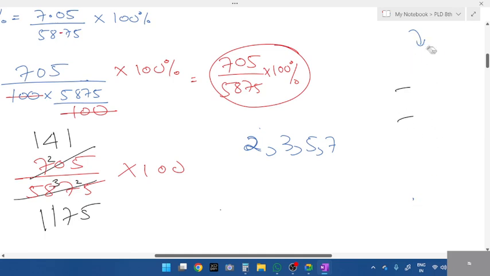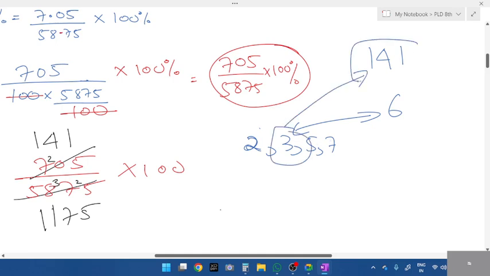Is it clear? Next. For 3, the rule is: if I take 141, add 1 plus 4 plus 1. What is 1 plus 4 plus 1? 6. Is 6 divisible by 3? Therefore, 141 will be divisible by 3. Very good. Now 1175: add 1, 1, 7, 5. 14.